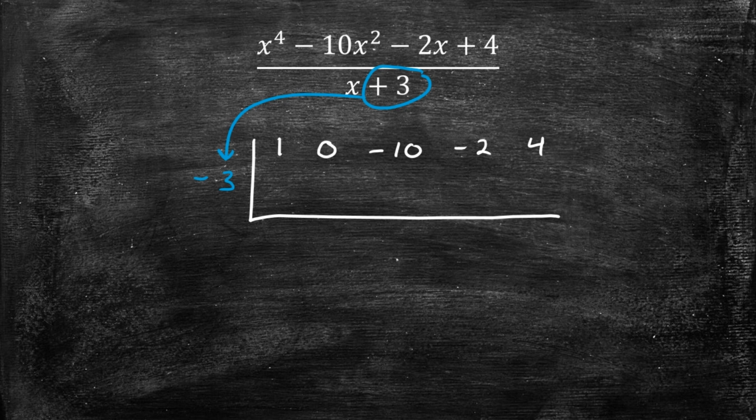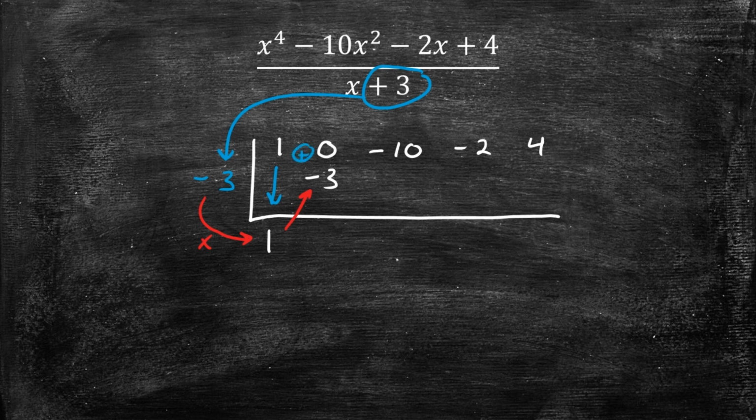All right, first step, bring the 1 downtown, and we get a 1 there. Now we take the number on the outside, multiply it, and then bring that number right up here. Negative 3 times 1 is negative 3. So negative 3, and now you just add those two numbers together.